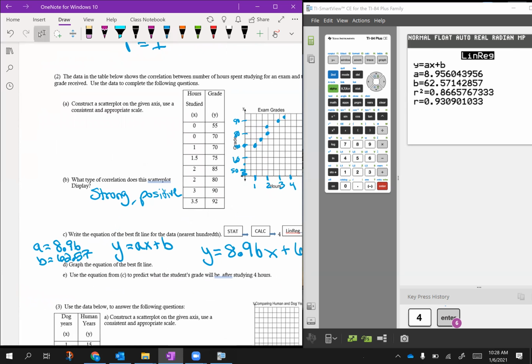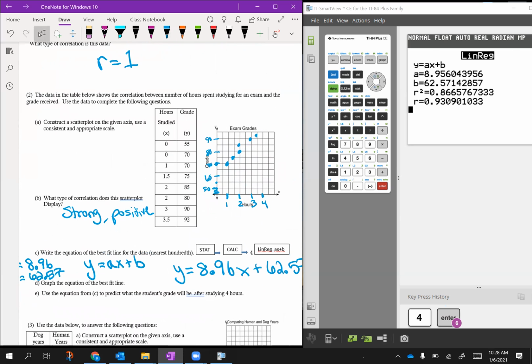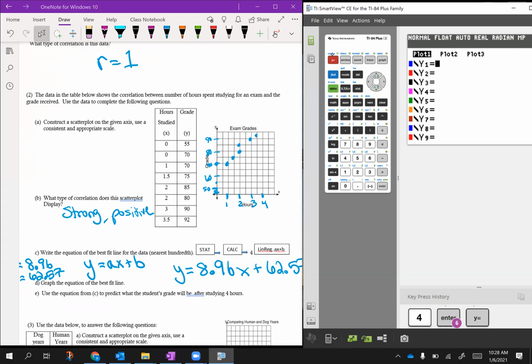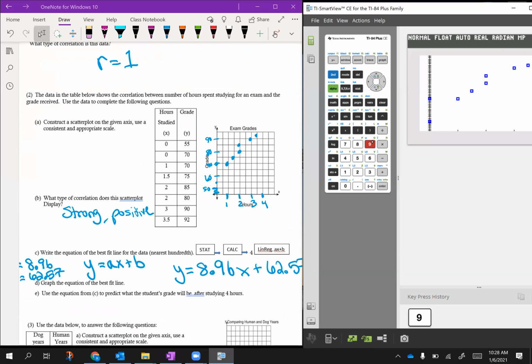Graph the equation of the line of best fit. We can type it into our y equals. Let's see what happens. I don't remember. Zoom stat. So that's what it looked like as a scatter plot.